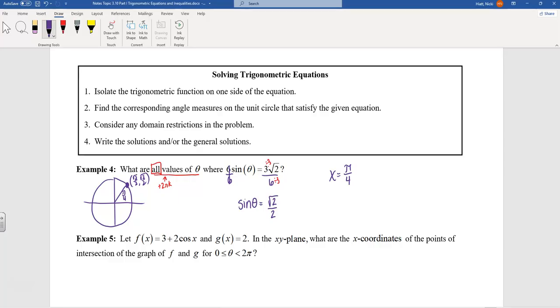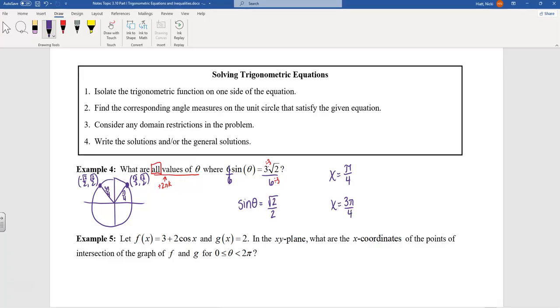And then the other, again, we're looking at the y coordinate. We really just solved this whenever I was showing Evan, trying to explain his question there. Root 2 over 2 is over here in the second quadrant, and that is at 3 pi over 4. So x also equals 3 pi over 4.